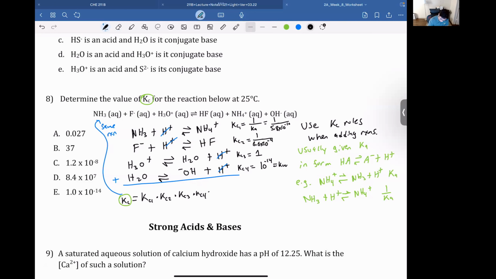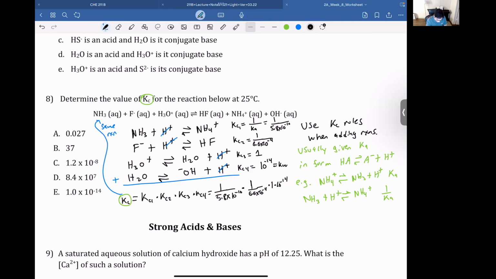All right, so then we just plug in everything. 1 over 5.8 times 10 to the negative 10, times 1 over 6.6 times 10 to the negative 4, times 1 times 10 to the negative 14th.